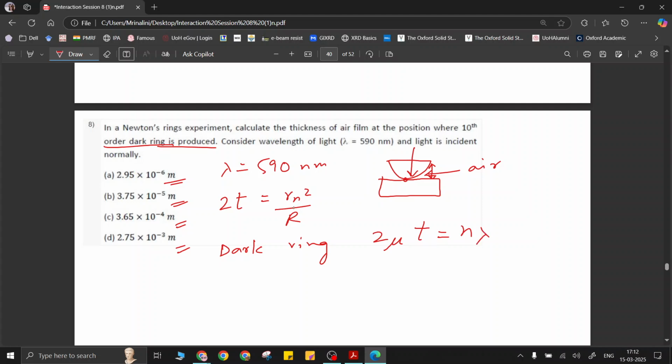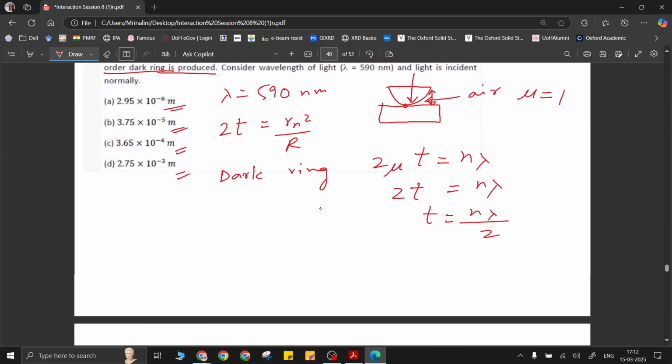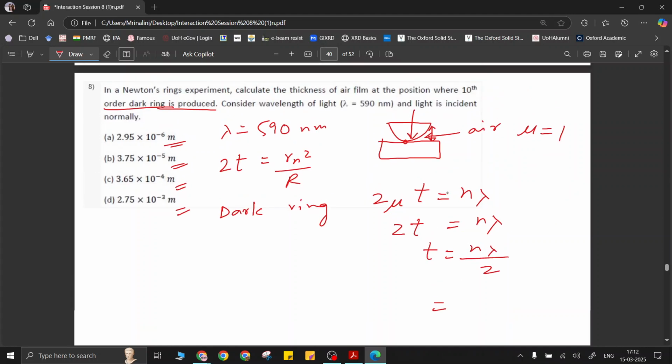That means 2t, because we are talking about air whose refractive index is 1, so this will become 2t is equal to n lambda. Now t will be n lambda by 2, and this will be n is which order? 10th order.